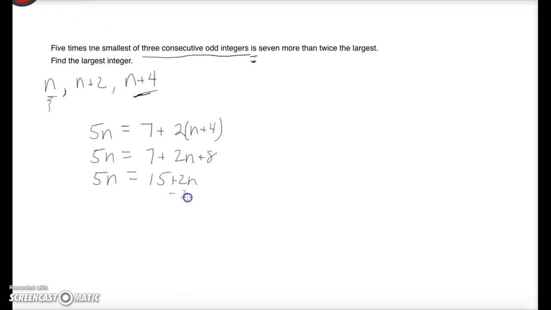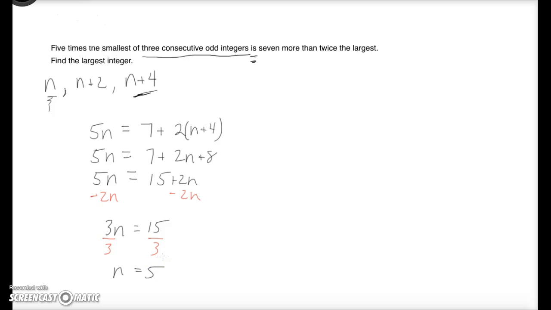So minus 2n and minus 2n. So that leaves us with 3n is equal to 15. So then if we divide both sides by 3, we end up with n is equal to 5.